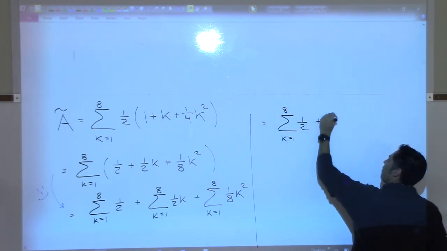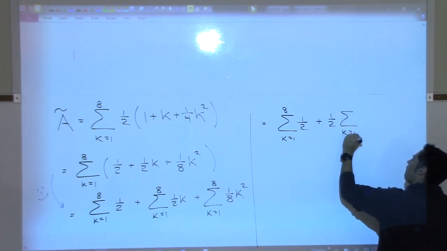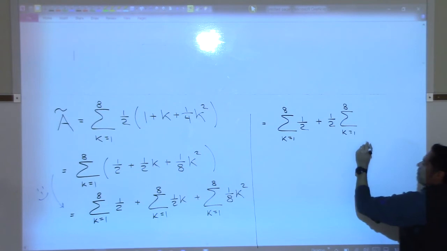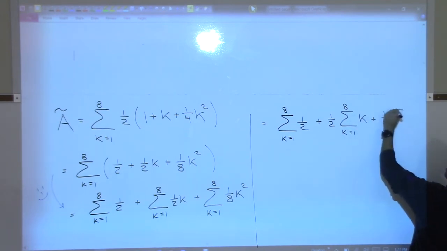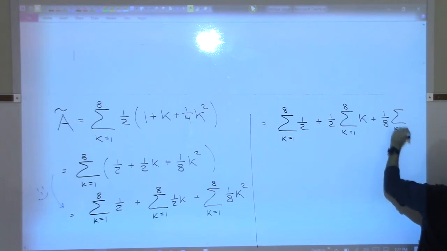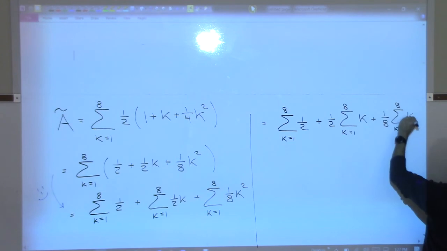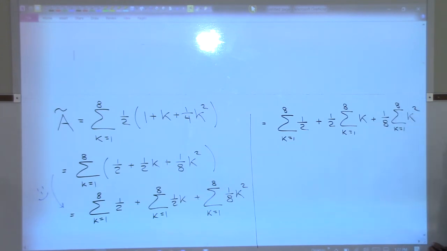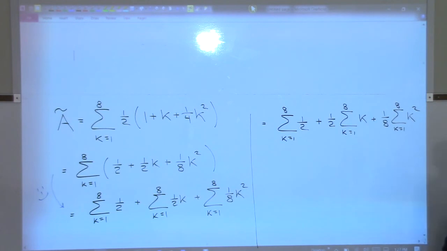But on the next one, I'm going to pull the 1/2 out. And on the last one, I'm going to pull the 1/8 out. Okay, any questions on that? You're believing that that's allowed? Does it make sense that it would be allowed? Yes. I hope it does.